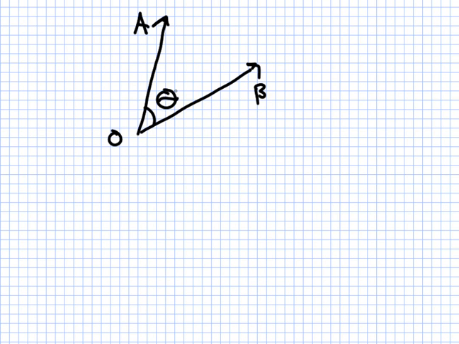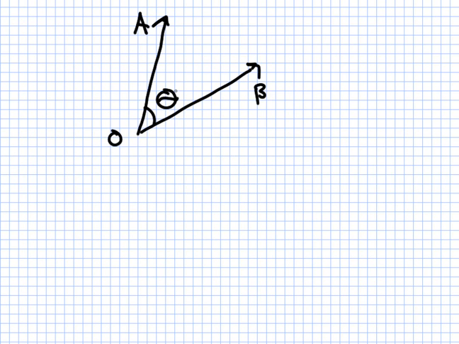So this could be in 3 dimensions. You could have one vector here and then one vector here, and you want the angle between them if they made a triangle. So what we're going to do is work out a formula to find this angle.